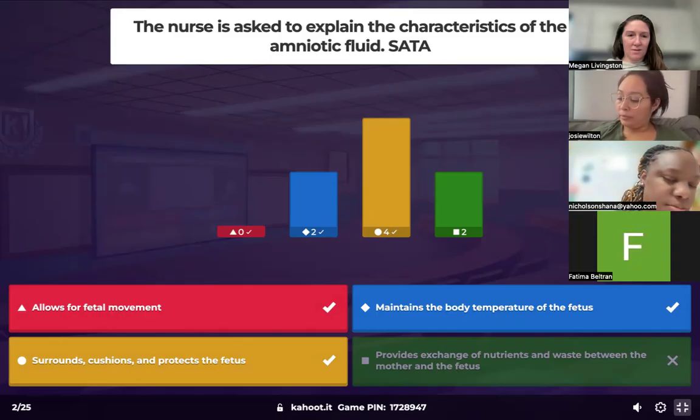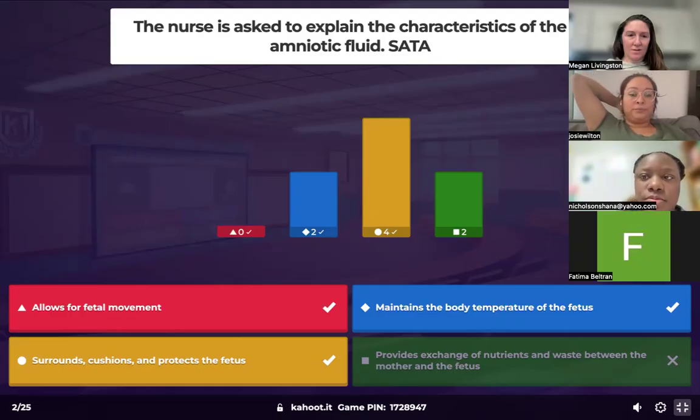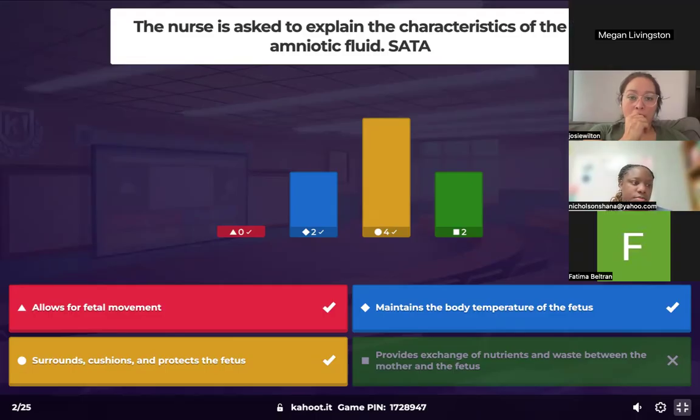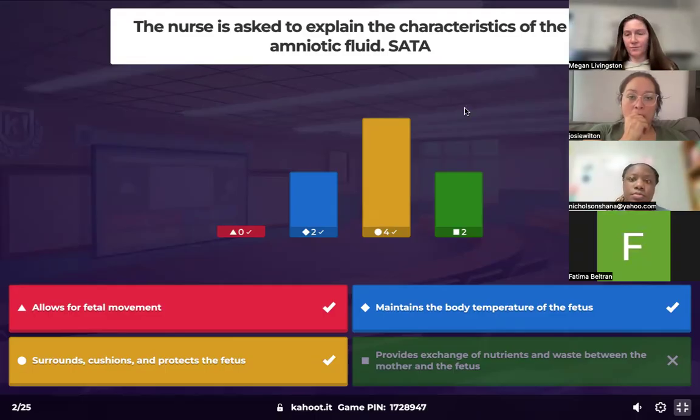So our amniotic fluid does all three of these things. The only thing it won't do is the exchange of nutrients and waste, because that is primarily done through the placenta. So for the purposes of your exam, definitely know the roles of both the amniotic fluid and the placenta, for sure.